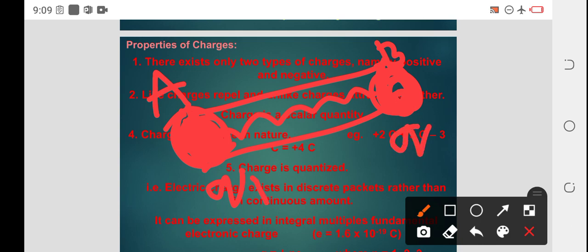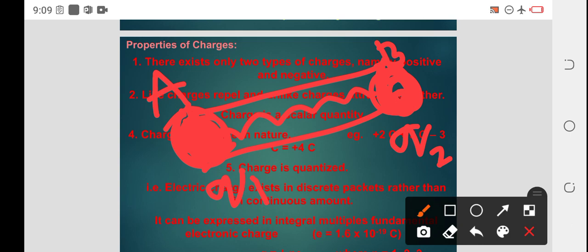Charge 1 is represented by Q1 and charge 2 by Q2. So charge means the location where a number of electrons are accommodated. Now our topic is the properties of the charges.